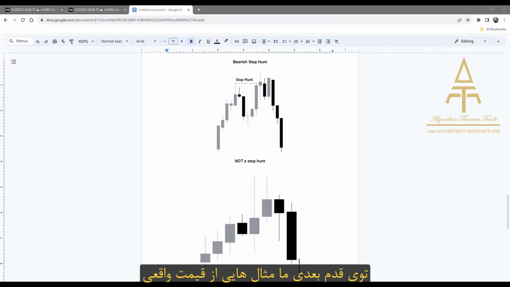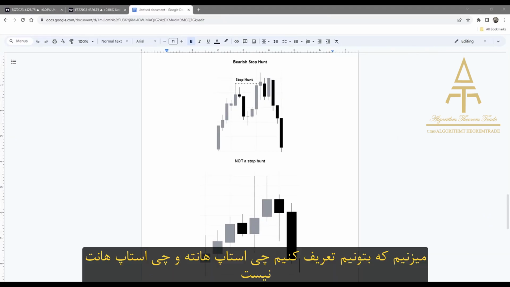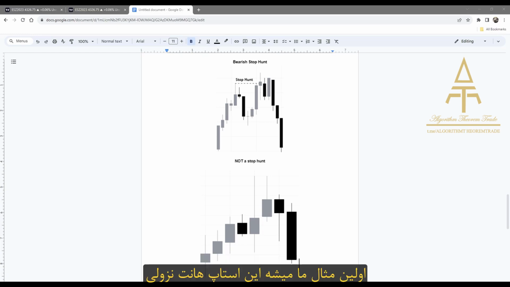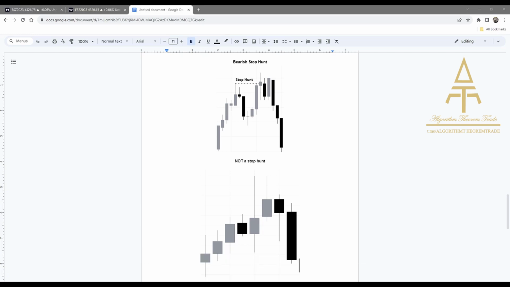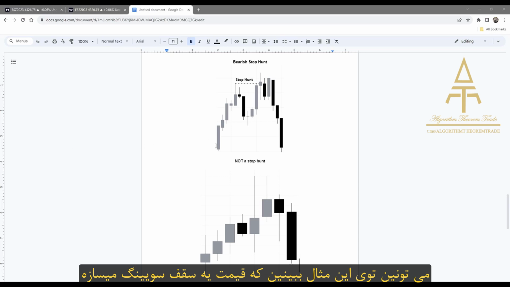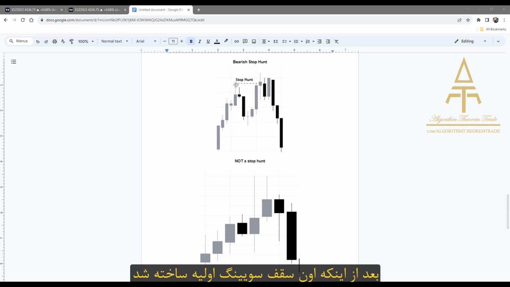Next, we will use examples of actual price to define what is and what is not a stop hunt. Our first example will be a bearish stop hunt. You can see in this first example that price creates a swing high. After that initial swing high was created, price ran through it, creating a stop hunt. After the stop hunt, price changes direction.